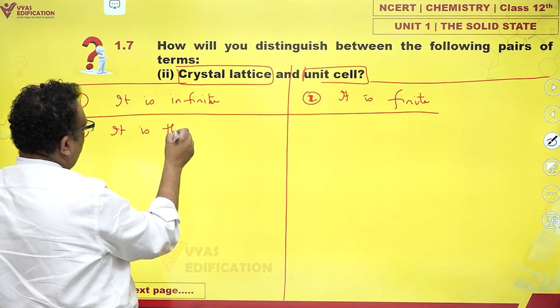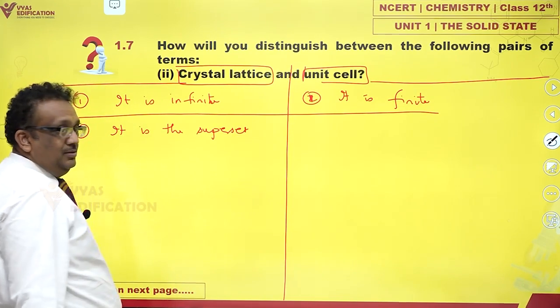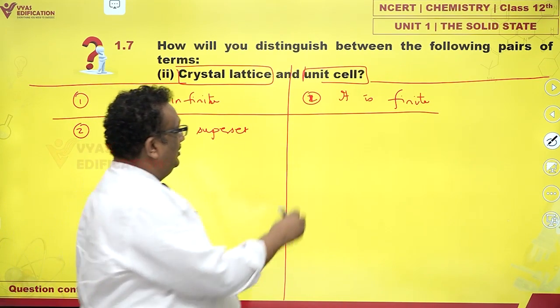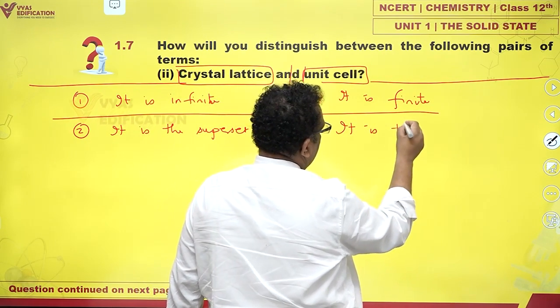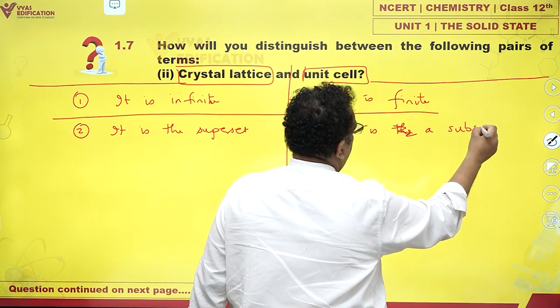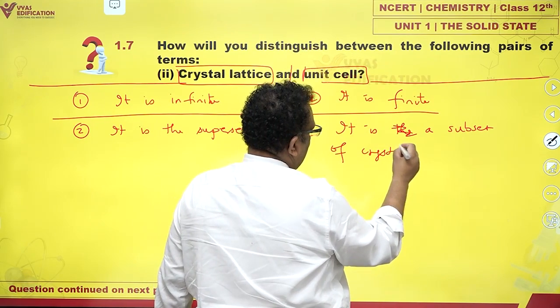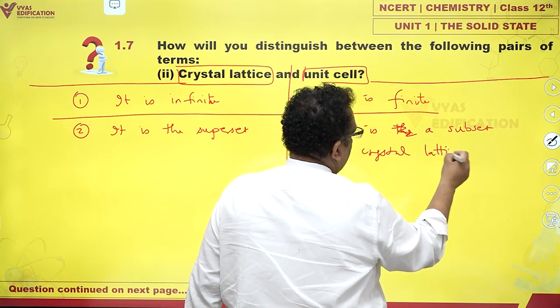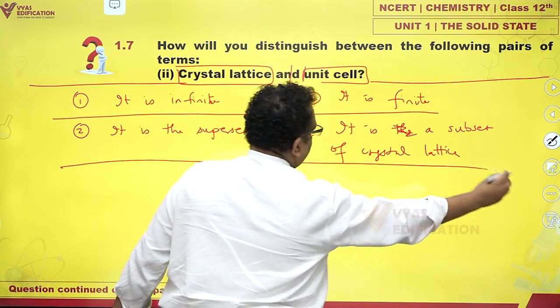Then, crystal lattice is the superset. And second point, unit cell is a subset of crystal lattice. Okay. Anything else?